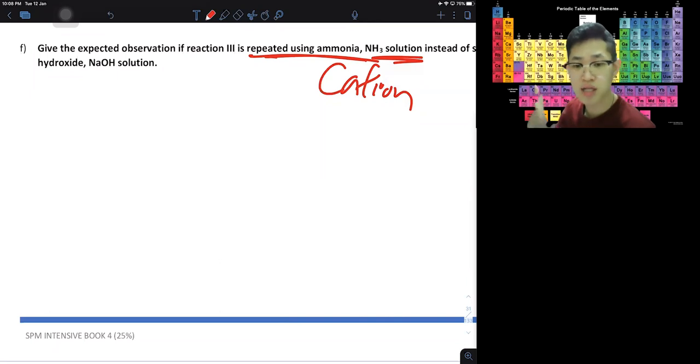Ammonia solution to test copper 2 nitrate solution. Jeremy. No one will give me answer?